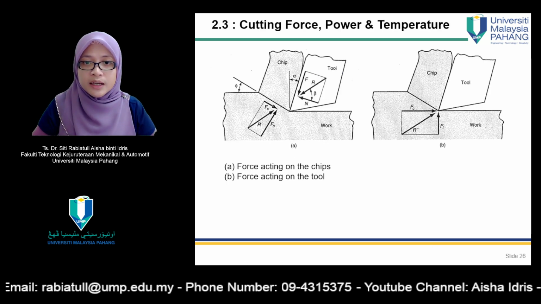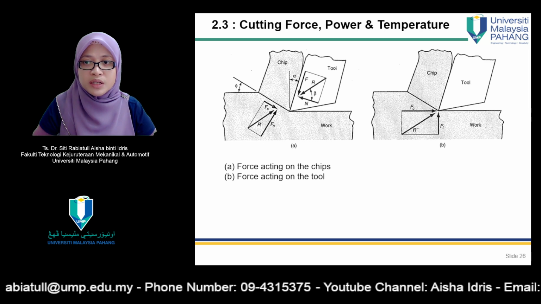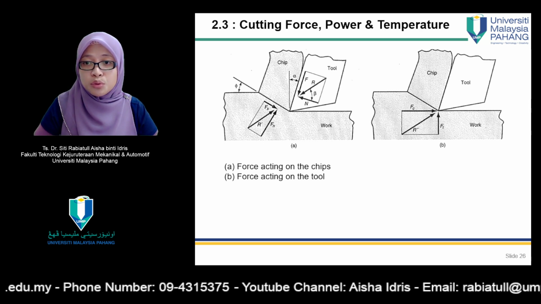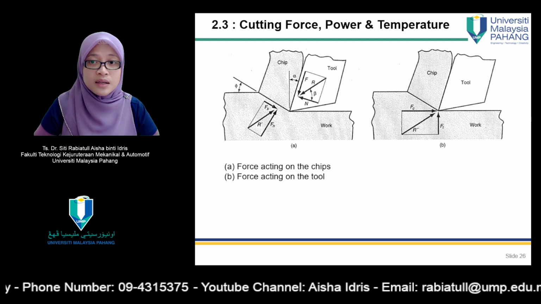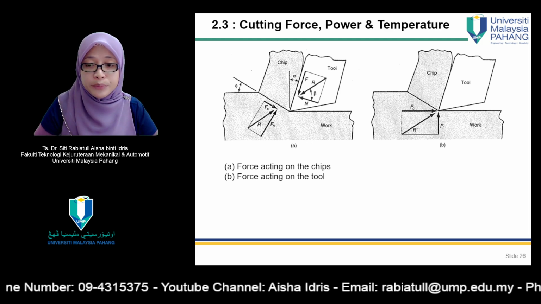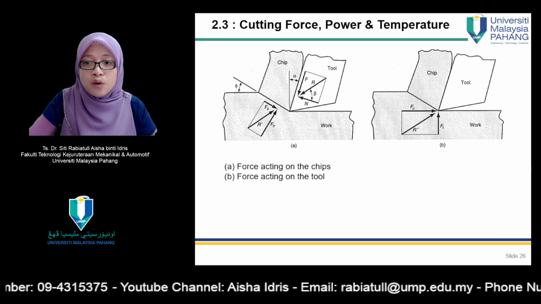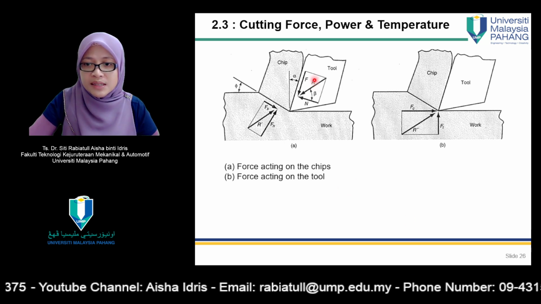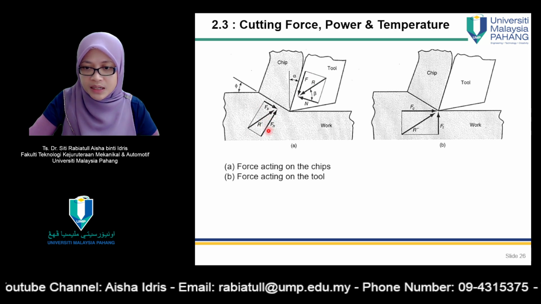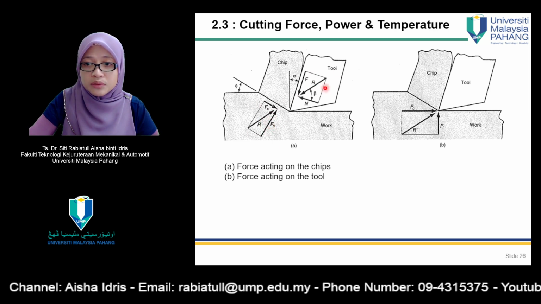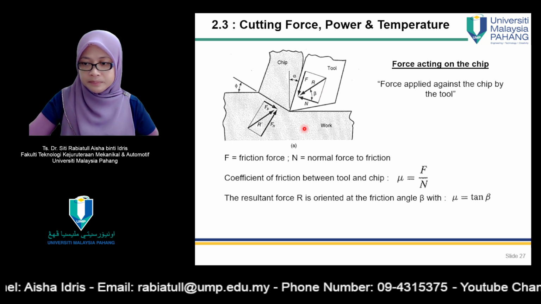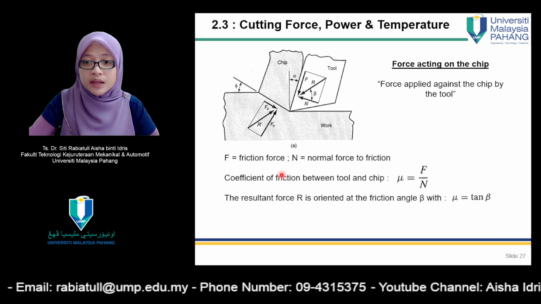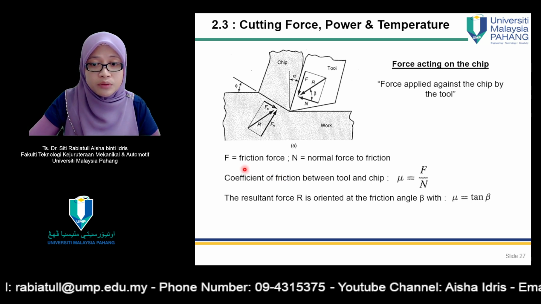And other than that, in the machining process, the parameters that we need to consider are cutting force, power, and temperature. The cutting forces that we need to consider in this process are forces acting on the chip, this side, and forces acting on the tool, this side. And the rest are the terminology that you can look at on your own.